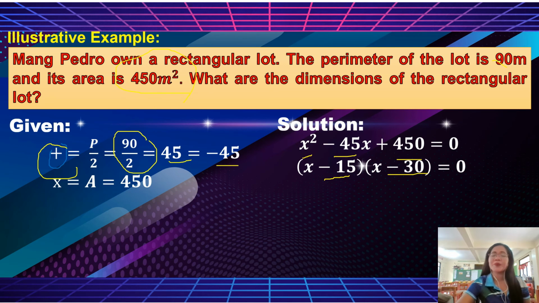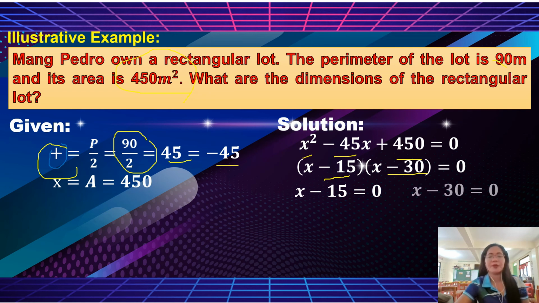The next step, we're going to use the zero product property by separating the two factors and equate it to 0. The first factor is x minus 15 equated to 0. And the other factor is x minus 30 and equate it to 0. Afterwards, you are going to transpose negative 15 to the right side.